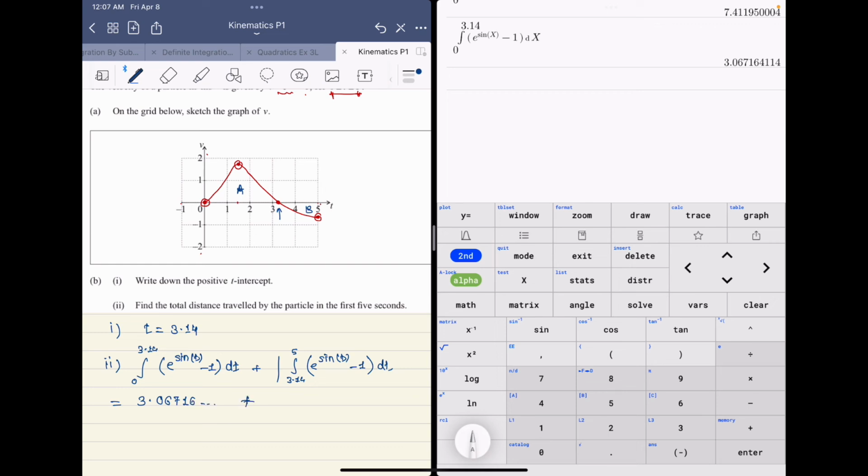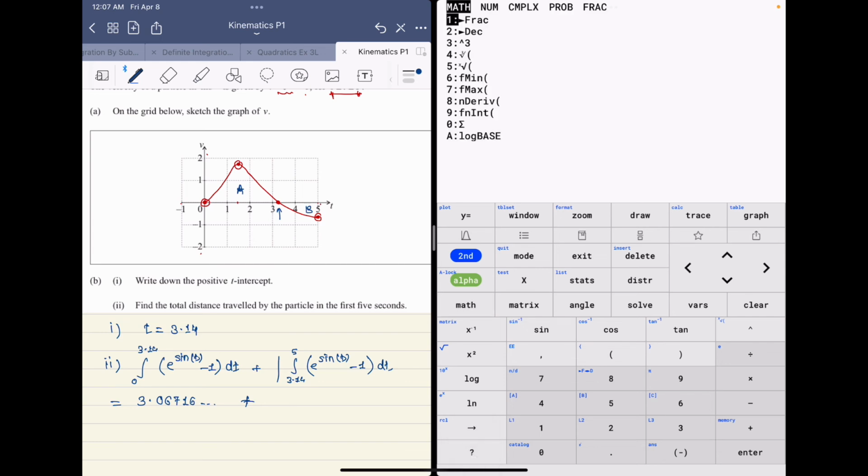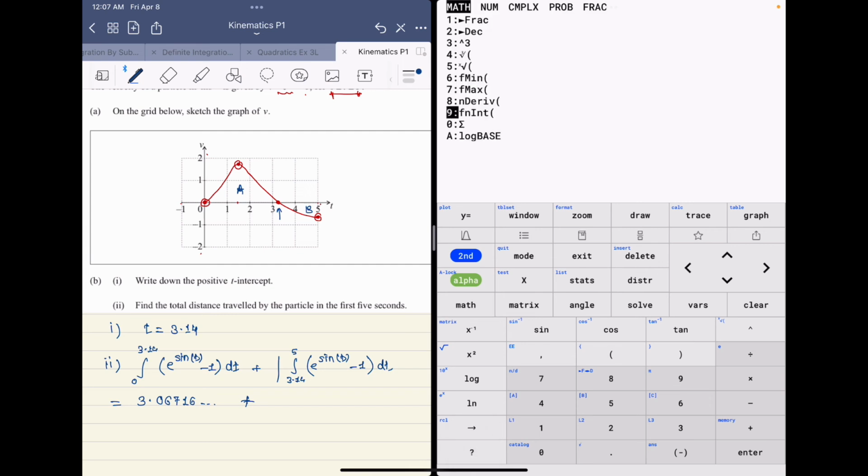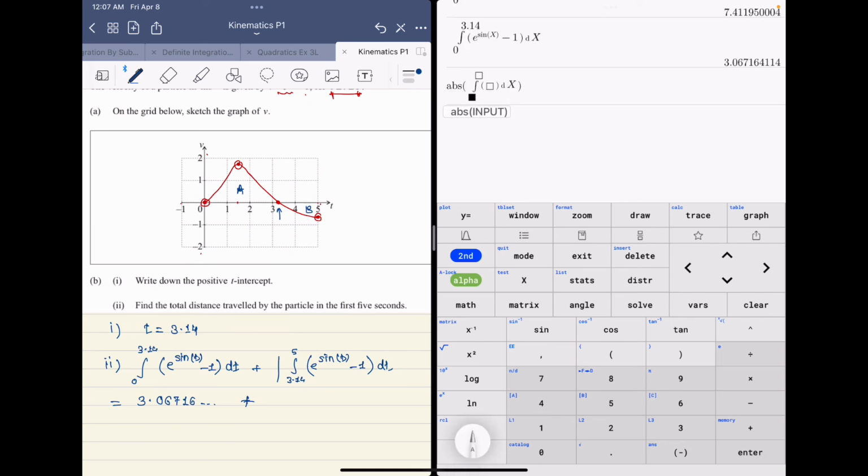Now for the second part, I see clearly my B area is below the x-axis. So for that purpose, I have to use the absolute function. So first I will go in math, go in NUM option. You can see ABS, which is the absolute. Enter that. You can see ABS bracket open, bracket close and inside it is blinking. Now you type again your integration sign. So go in again math, go in fnInt, type your lower limit is now 3.14.